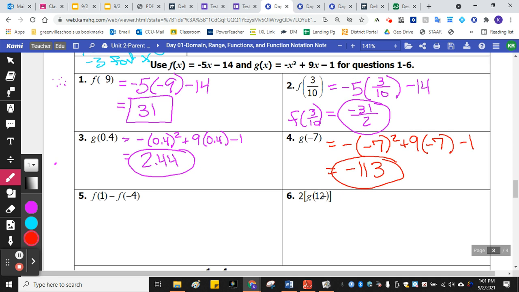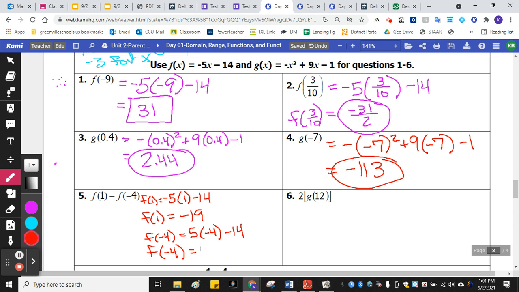F of 1 and f of -4. F of 1 is -19. F of -4 is... I missed a negative.